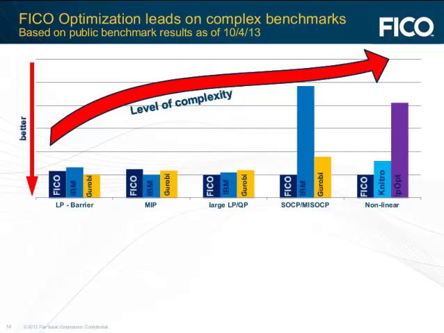We've taken the numbers from Hans Mittelmann's public benchmark site. So you can clearly see that Express is very competitive through the whole range of problems, and it's clearly leading on the more complex ones.